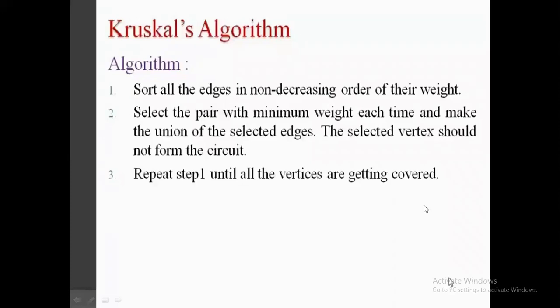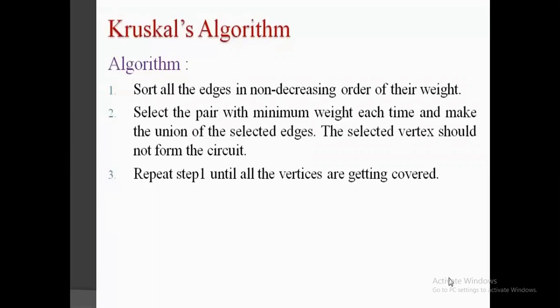Now coming to Kruskal's algorithm, mainly this algorithm is used to find the minimum spanning tree. In the first step, sort all the edges in non-descending order of their weight. That is, in Kruskal's the first step is to arrange all the edges in ascending order. Next step is to select the edge with minimum weight each time and make the union of the selected edges.